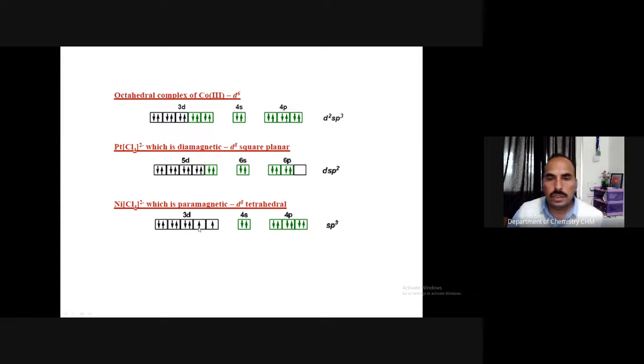You don't have to pair up these electrons because NiCl4 2 minus is known to be paramagnetic. So depending on the magnetic property, accordingly you make the bonding model. That is how this theory is. You can explain the magnetic property, the geometry, and the hybridization, right? Very good.